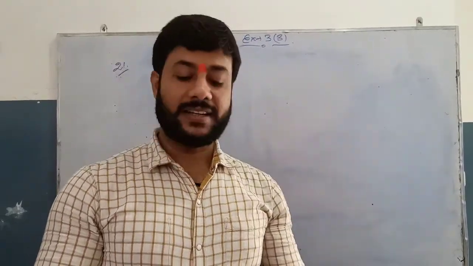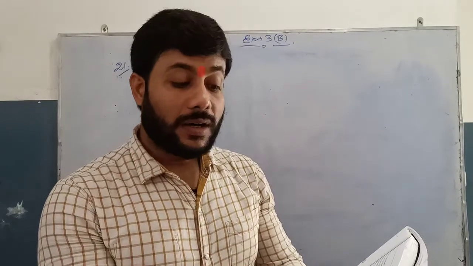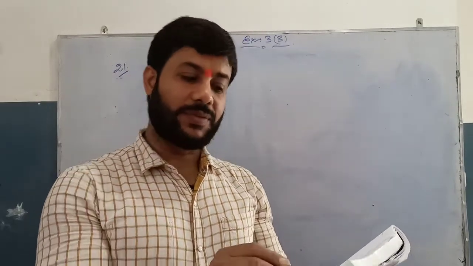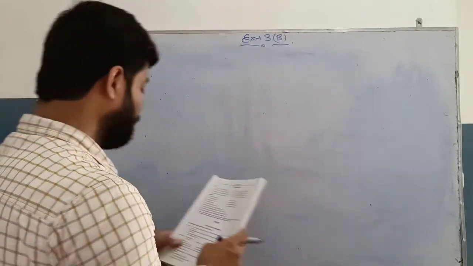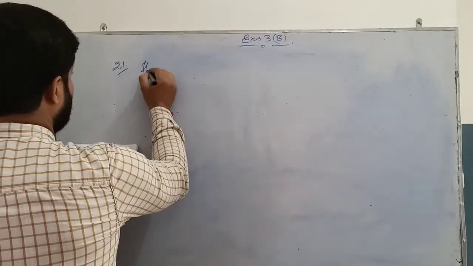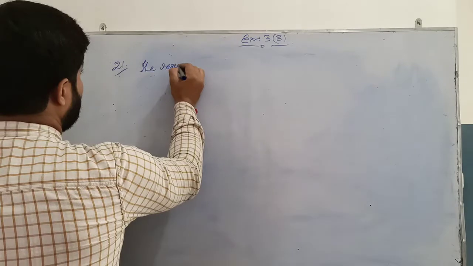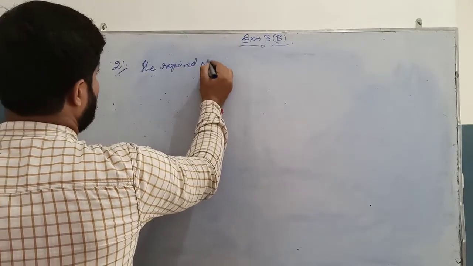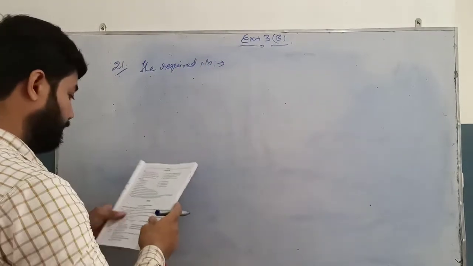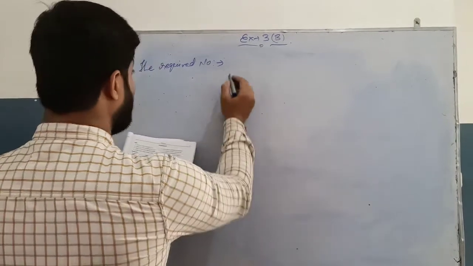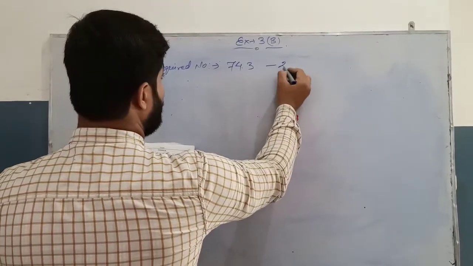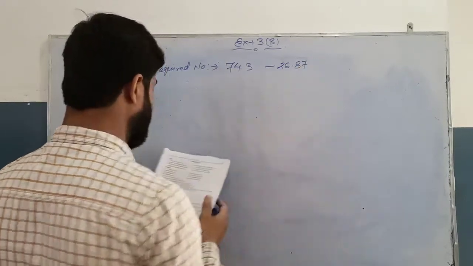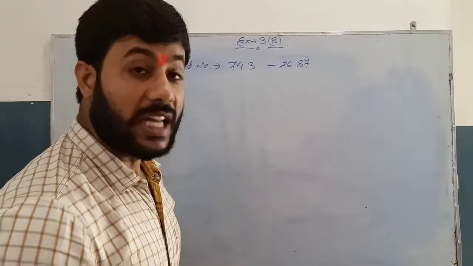For the required result, we will reduce 26.87 from 74.3. So the required number is 74.3 minus 26.87. We will convert them into like decimals.